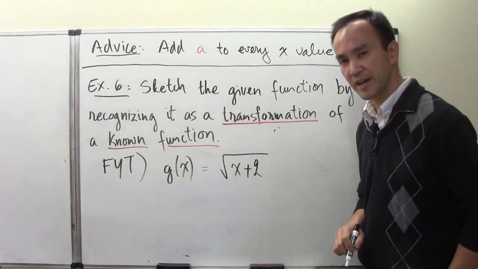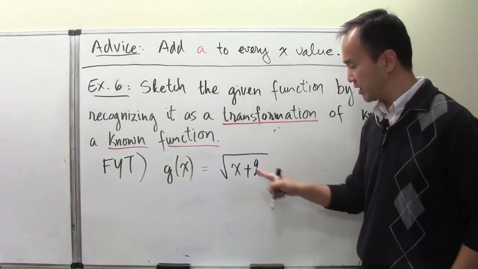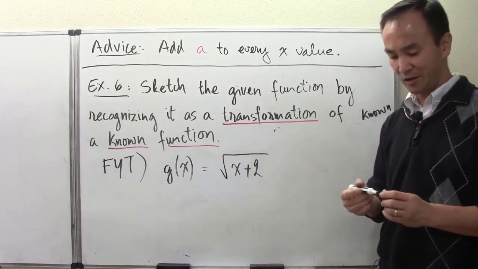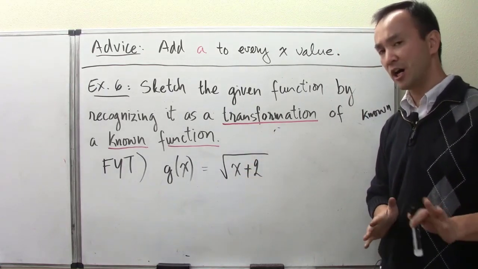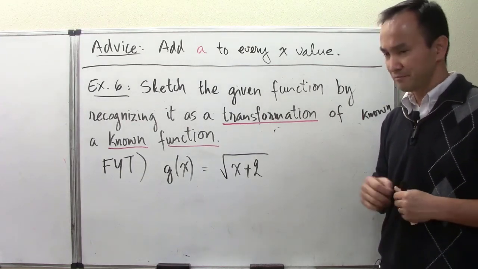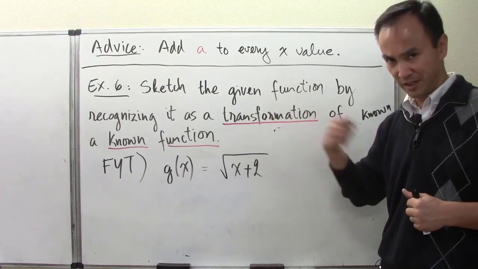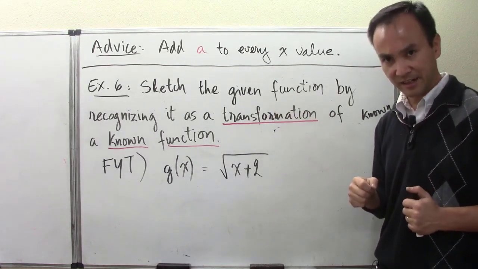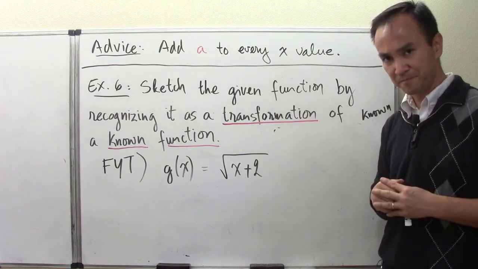Square root of x plus 2. Notice the x plus 2 is completely inside the square root. Now go ahead and feel free to pause the video and spend as much time as you want. Mess it up 100 times and keep fixing it. You will learn better. The more mistakes you make, the better it gets. Now I'm going to let you pause the video.